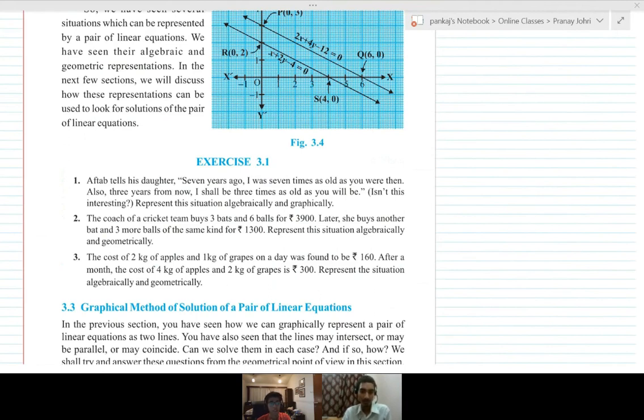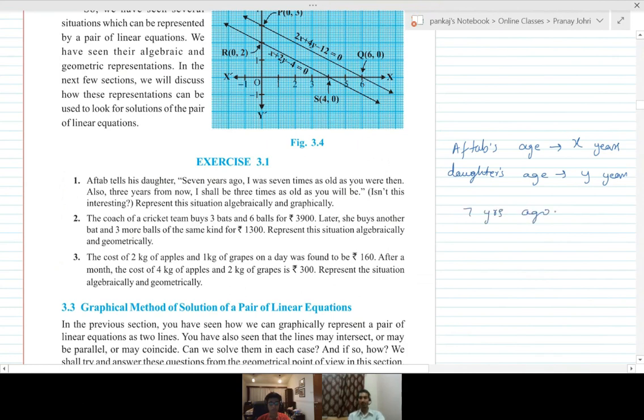So let Aftab's age be X and his daughter's age be Y. So 7 years ago, Aftab's age would be X minus 7 and his daughter's age would be Y minus 7.